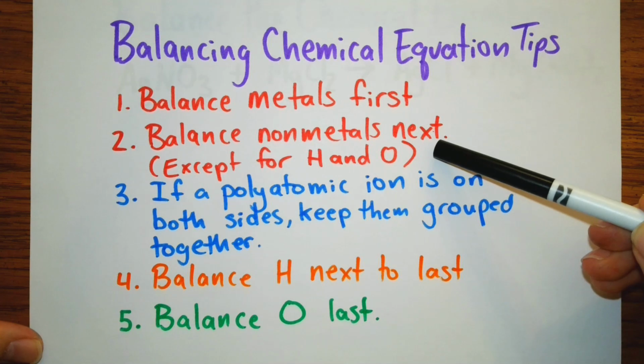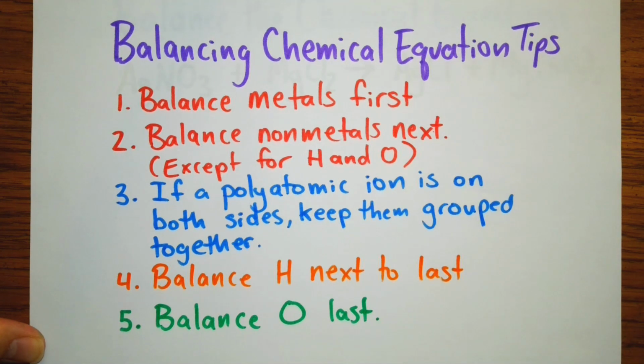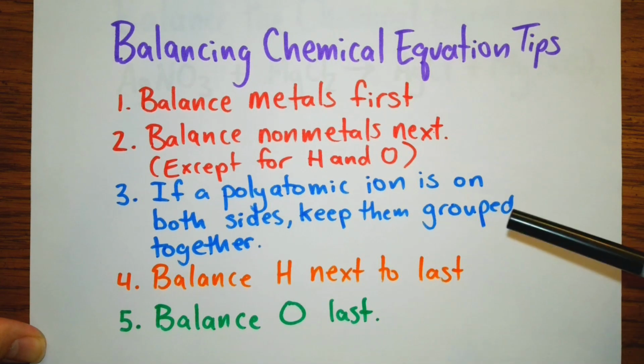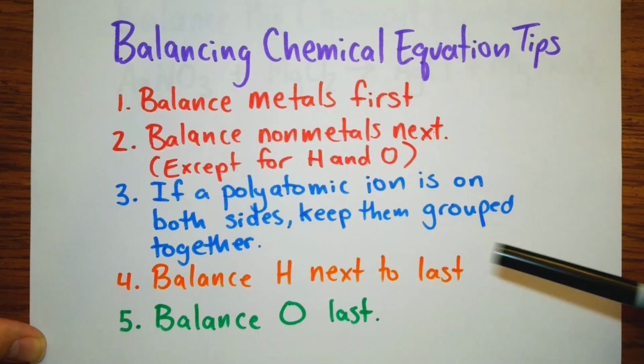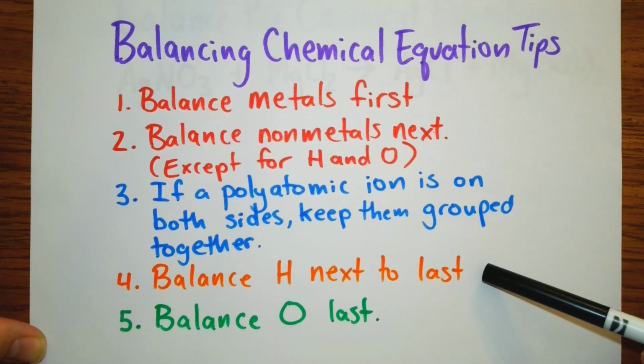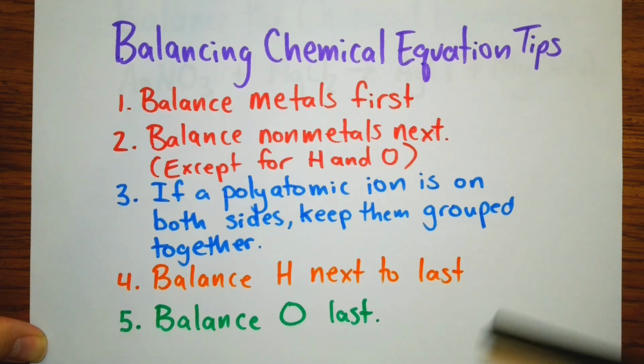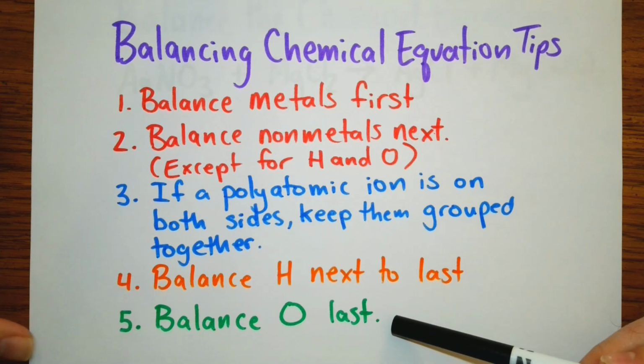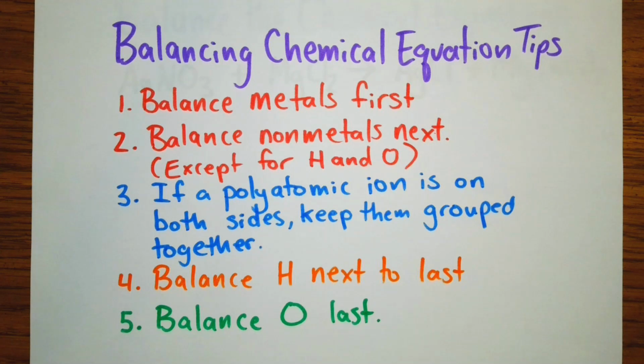Save the hydrogen and oxygen for last. If you have a polyatomic ion and it is on both sides of the equation, keep them grouped together. Don't count those atoms separately. That helps out a lot. And for number 4, balance hydrogen next to last. And if there is oxygen, balance that last. Like I said, it's not perfect, but it will make it a lot easier.